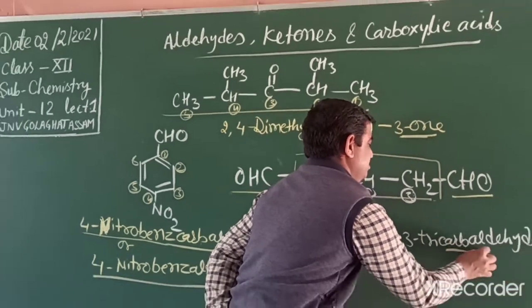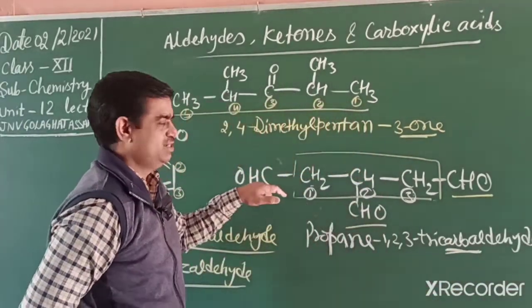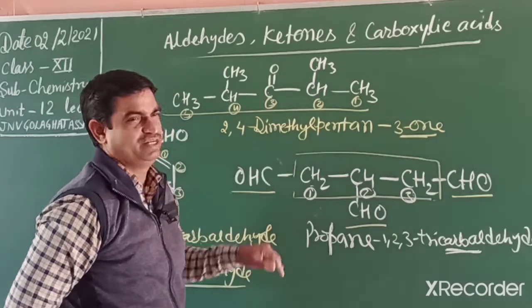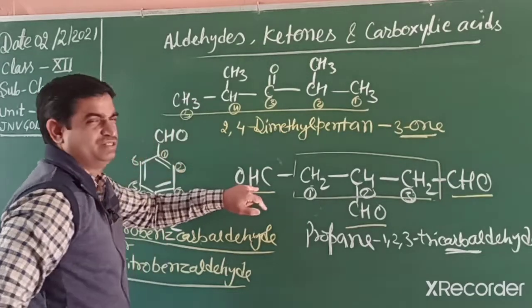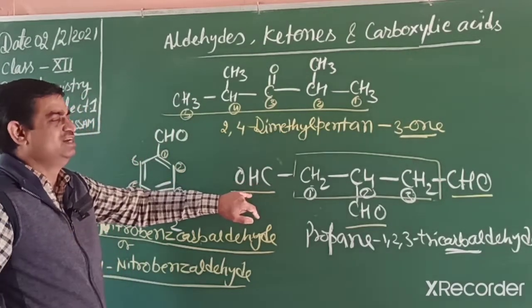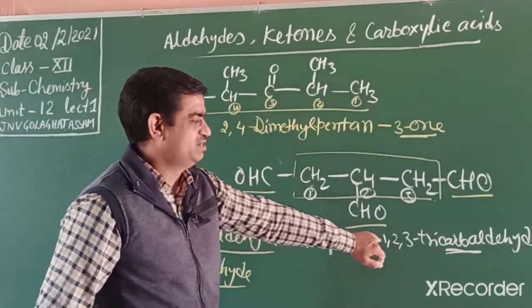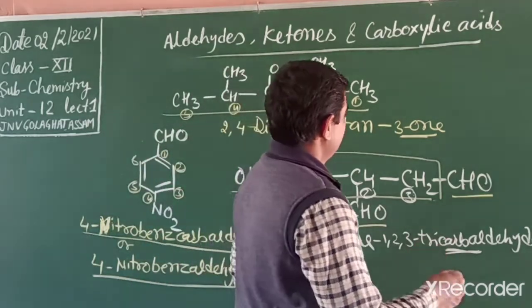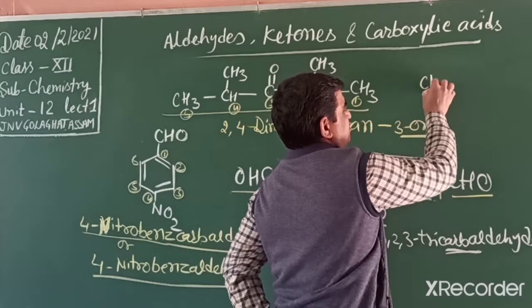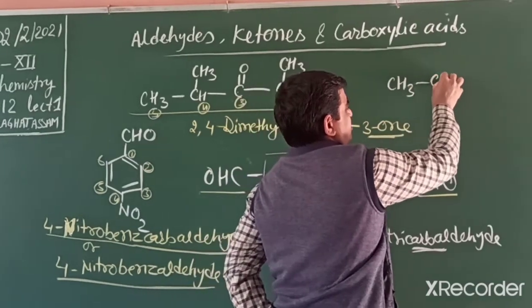Why do we write carbaldehyde? When this carbon is not included in the numbering, then we write carbaldehyde. If we count it in the numbering, then we write the suffix as al. So its name is propane-1,2,3-tricarbaldehyde. One more example we will explain in this way.